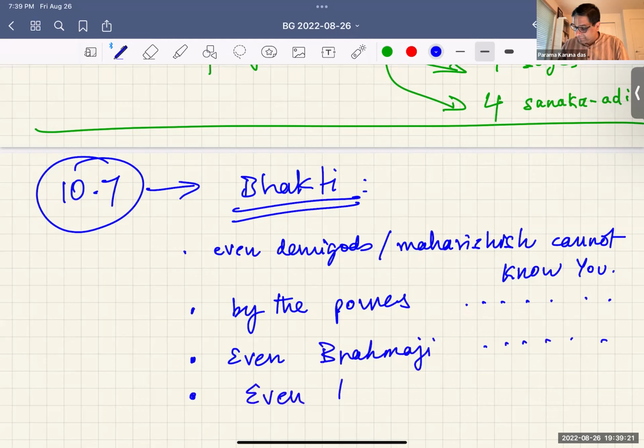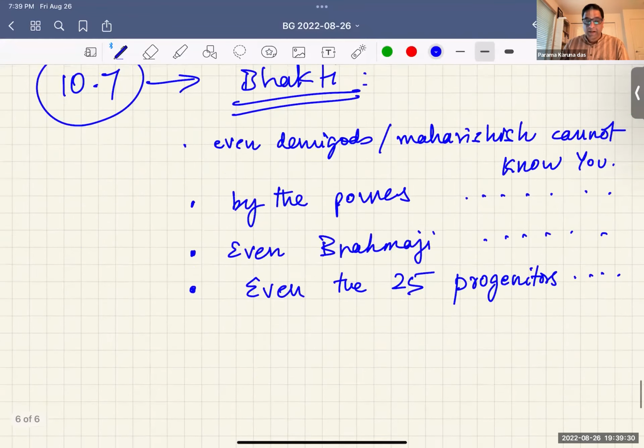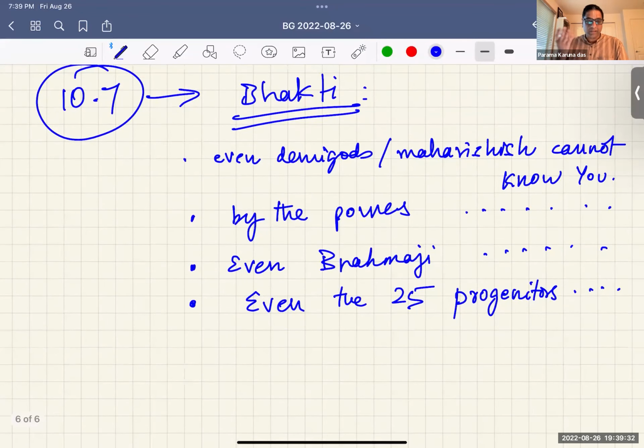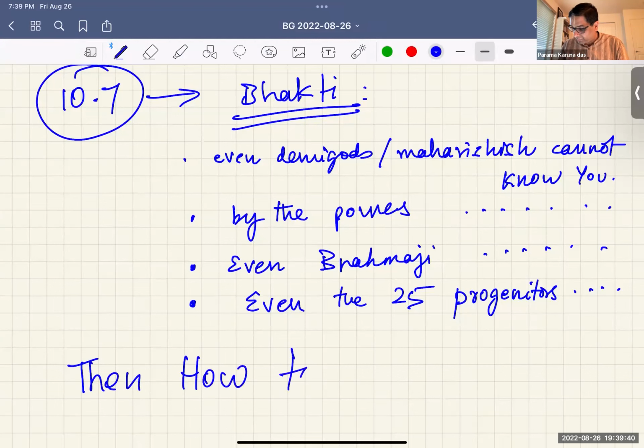Then even the 25 forefathers or progenitors cannot know you. Now I have run out. Who else is left? No one is left. Nobody is left. So then the question Arjuna asks is, then how to know you?